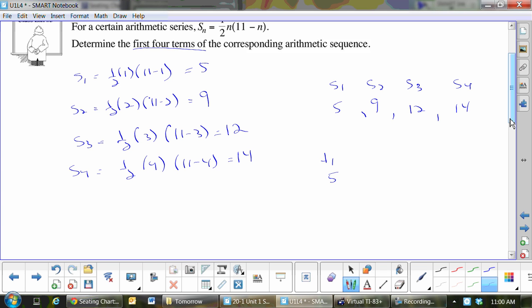Now I need term 2 in this sequence as well. The sum of the 2 terms together is 9. I'm not saying the second term is 9, but when I take the first term and second term together, I get the answer 9. So what must T2 be then? It should be 4.